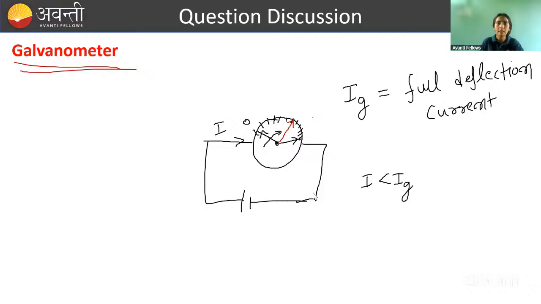It will measure current. And full deflection current is what? Current that will move the scale from zero mark to maximum mark. So that is full deflection current. If current is less than full deflection current, this scale will go to some other mark, not to the 100 वाला mark. ठीक है, complete mark पे नहीं जाएगा. This is what you need to remember.